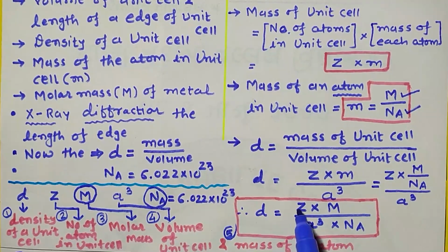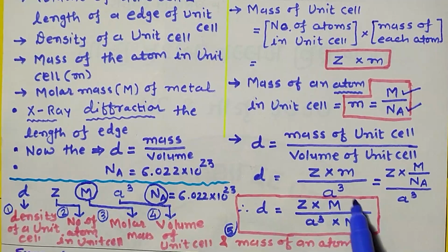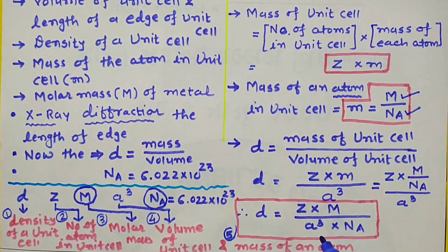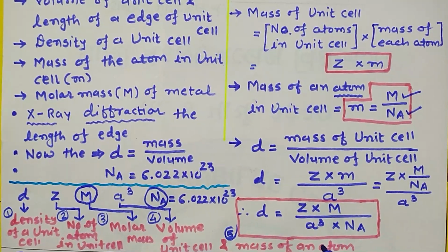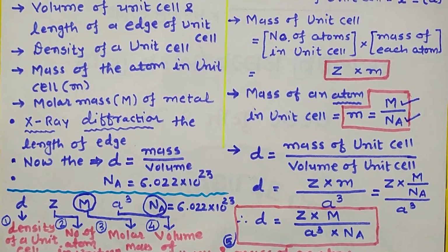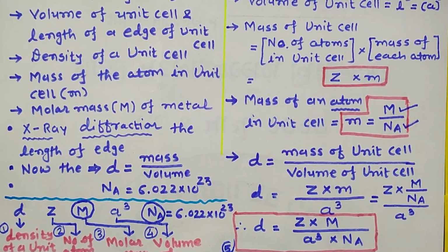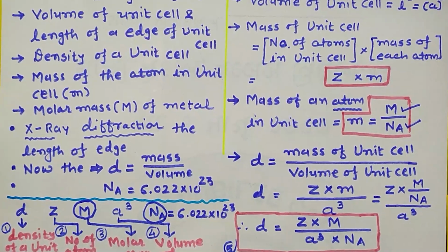So 1, 2, 3, 4, 5. Out of these 5 parameters, if we have values of only 4 parameters, we will be able to find the parameter number 5. So keep in mind, write down, concentrate and start your writing.